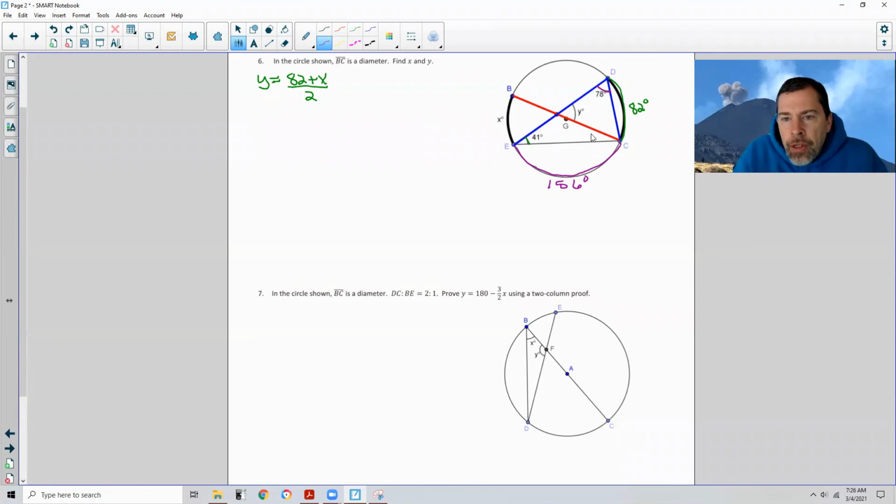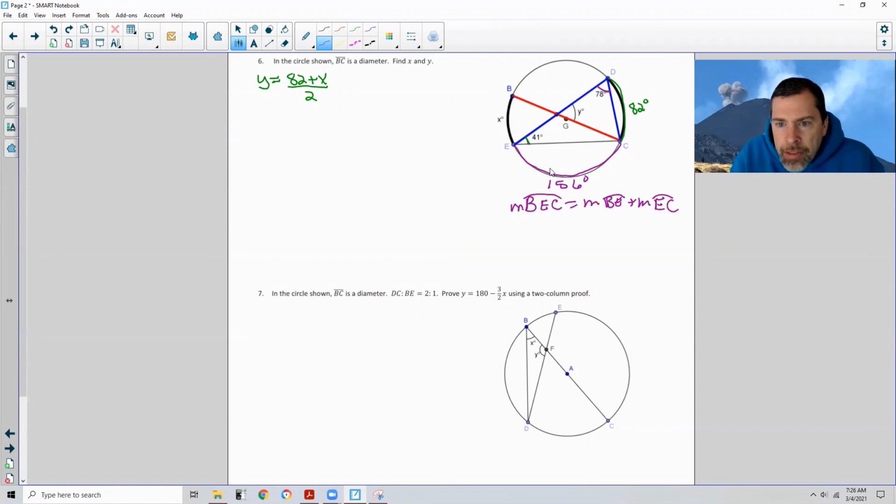Okay. BC is a diameter, so therefore the measure of arc BEC equals the measure of arc BE plus the measure of arc EC. BE plus EC equals the whole thing BEC, but BEC is a diameter.